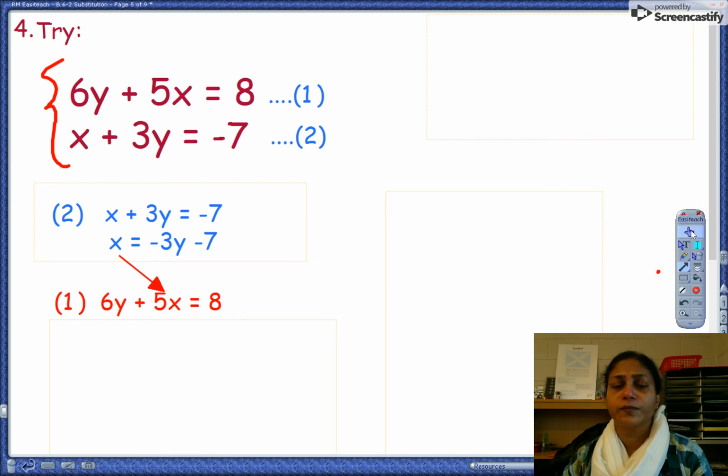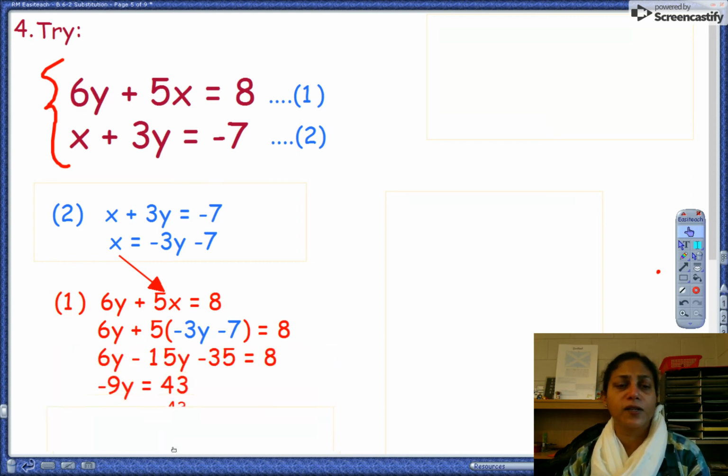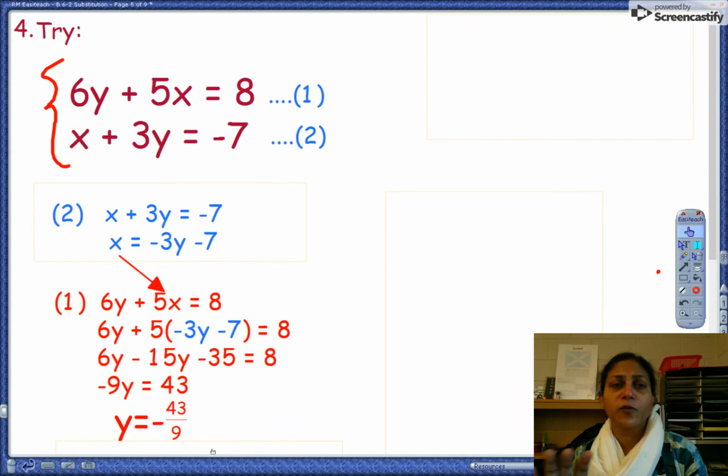So I plug it in for this x, and now I have one equation with one variable that I can solve, and I get a fraction: negative 43 over 9. So now I'm going to go back and plug this y value into any one of these equations. I think the second equation is the best choice.